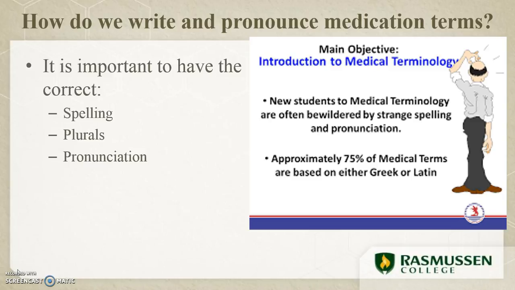Wrong spelling can also imply a different word. With plurals, it's important to understand that not all medical terms are singular. Plurals are sometimes formed according to Latin rules, but not always according to English rules. I want you to take a look at table 4.7 in your books, and that gives you a great list of plural terms in the medical terminology world.